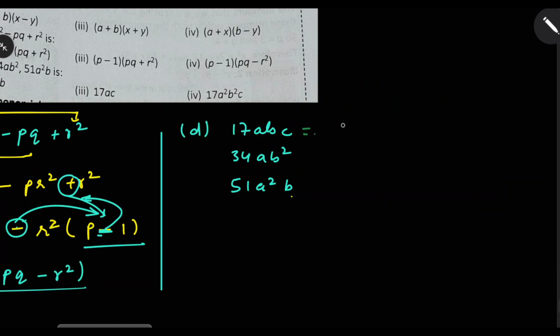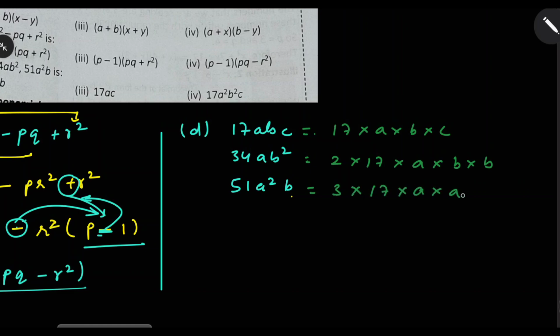As you can see, 17abc can be written as 17 into a into b into c. In the same way, 34ab square can be written as 2 into 17 into a into b into b, and 51a square b can be written as 3 into 17 into a into a into b.